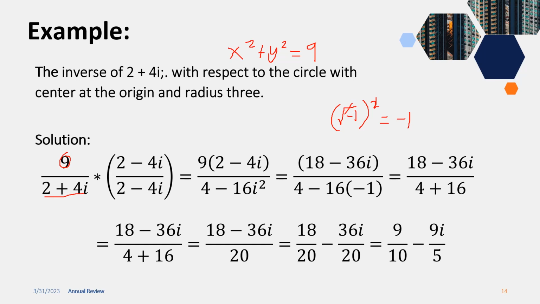Then let's simplify everything: 18 minus 36i over 20. And let's separate the fraction: 18 over 20 minus 36i over 20 is equal to, simplifying the fractions, 9 over 10 minus 9i over 5.